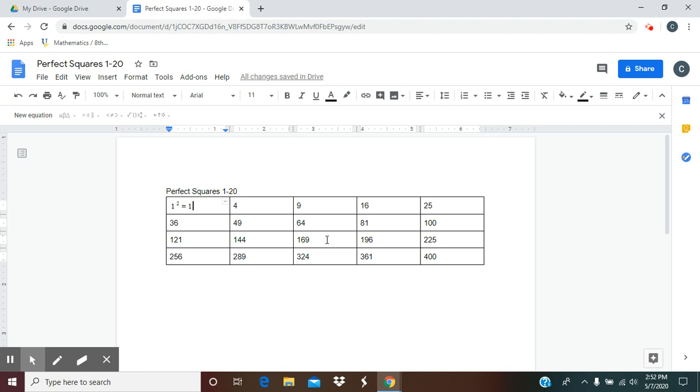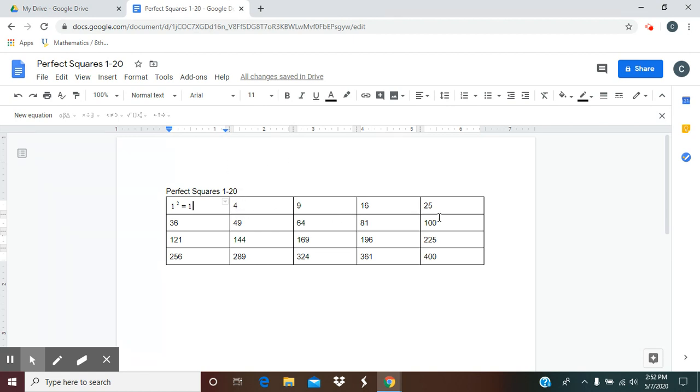But after that, we have 13 squared is 169, 14 squared is 196, 15 squared is 225, 16 squared is 256, 17 squared is 289, 18 squared is 324, 19 squared is 361, and 20 squared is 400. So I highly doubt you'll need to use one higher than that in any math you would possibly be asked to do this year and maybe even next year. So this is a pretty good resource for you.